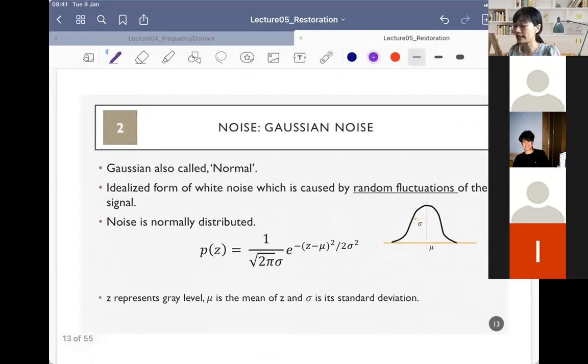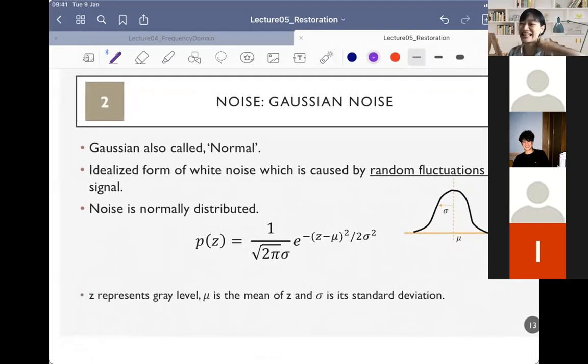The second one is the Gaussian noise. Gaussian is everywhere in signal processing and image processing. Gaussian is a distribution that shows a very high probability at the mean value, right?